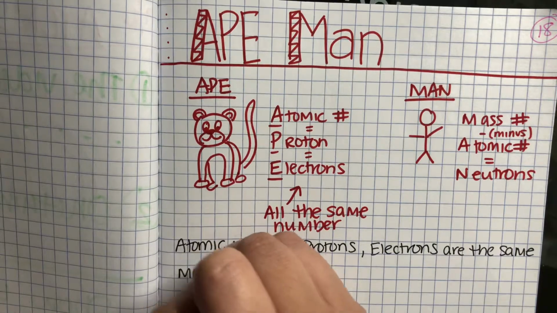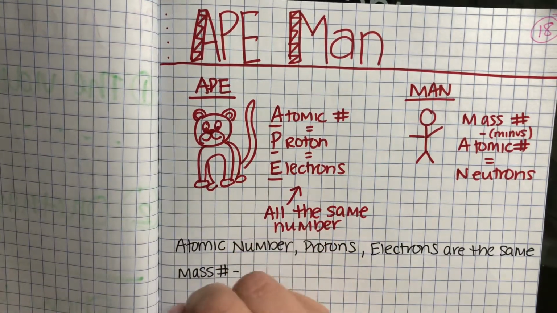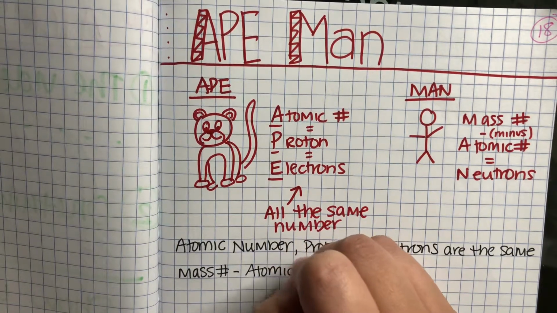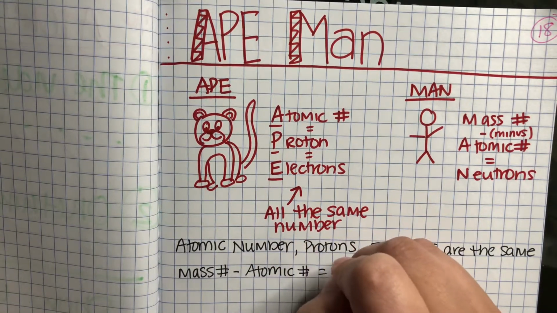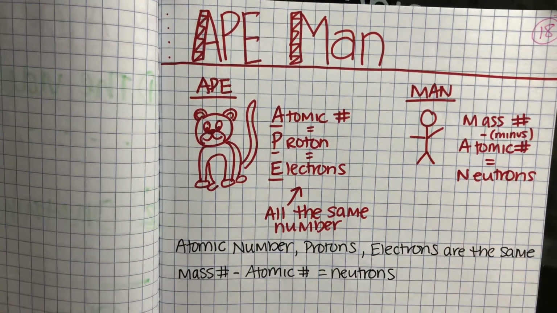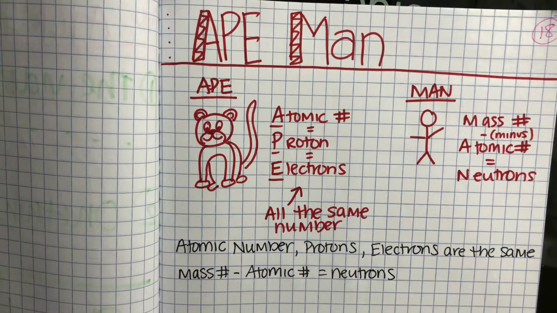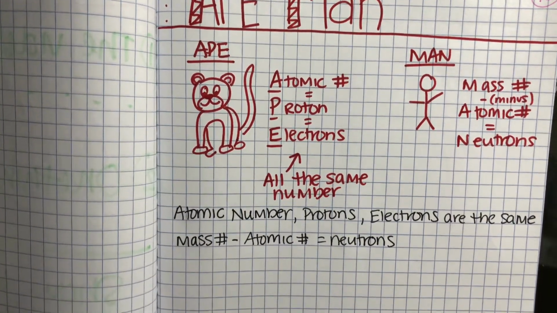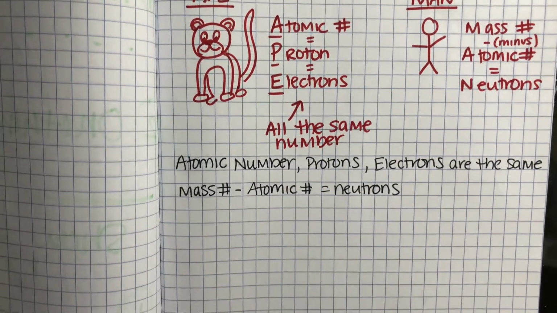And then mass number minus atomic number equals the neutrons. So I'll scoot it up just a little bit more.